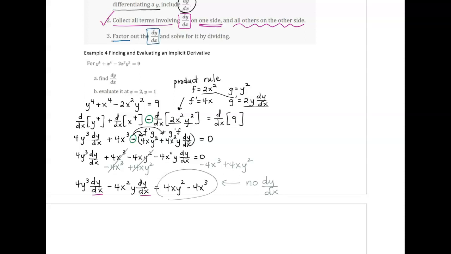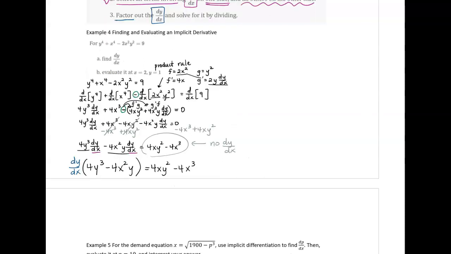So the terms on the left side have the dy/dx. We're going to factor that dy/dx out. What it leaves us with in parentheses is the 4y cubed minus 4x squared y. So everything that got left after we pulled out that dy/dx. I'll write what's left on the other side of the equation. So now that we factored out the dy/dx, now we need to solve for it by dividing.